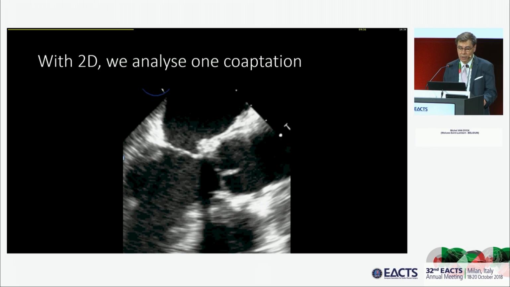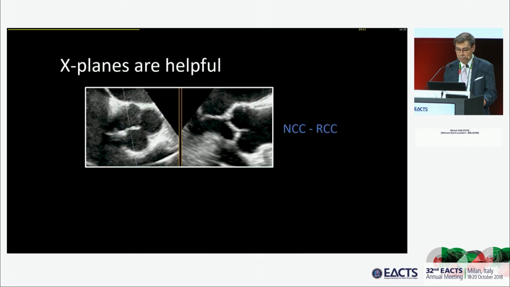Why that? Because with 2D, we only analyze one coaptation. We know that the anterior cusp is the right one, but depending on how we turn the probe, the posterior cusp can be either the left or the non-coronary cusp.